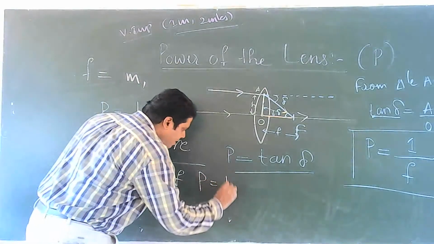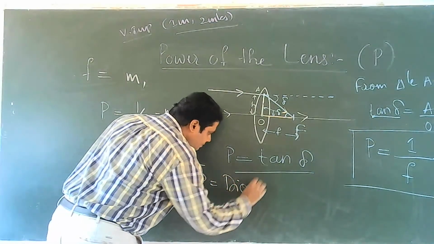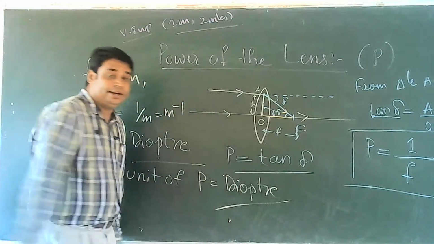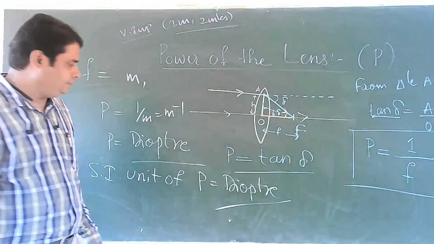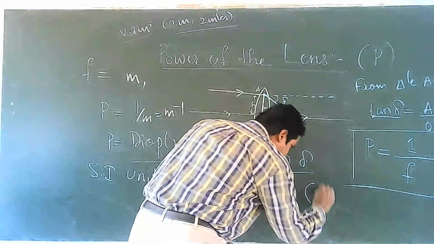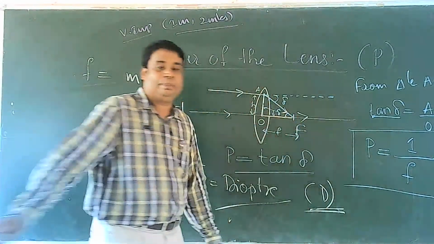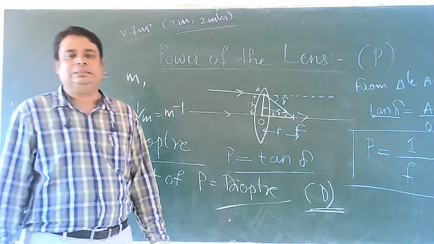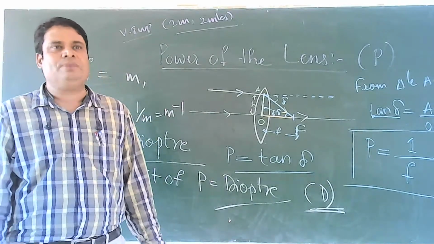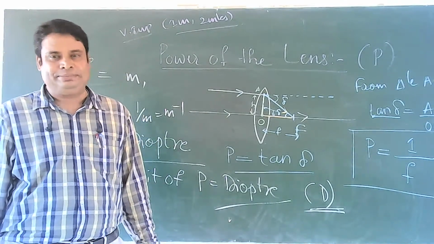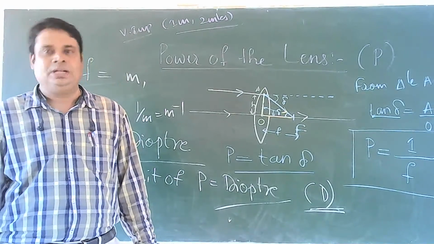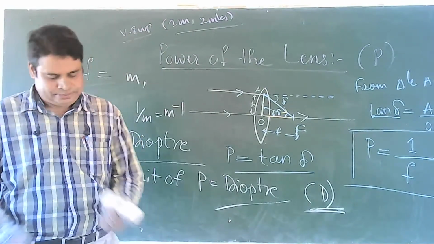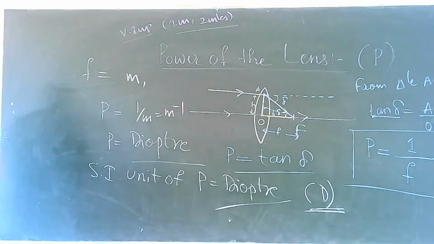The SI unit of P is diopter, or simply D. Capital D represents the unit symbol for the SI unit of power, diopter.